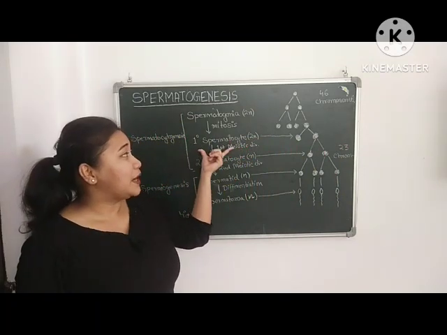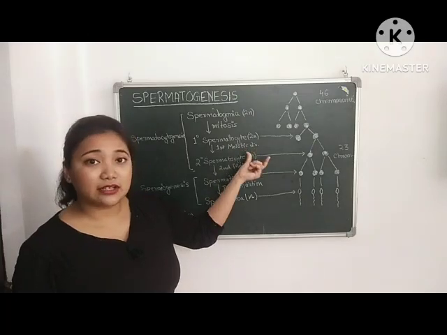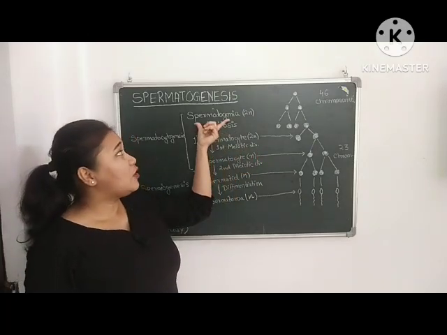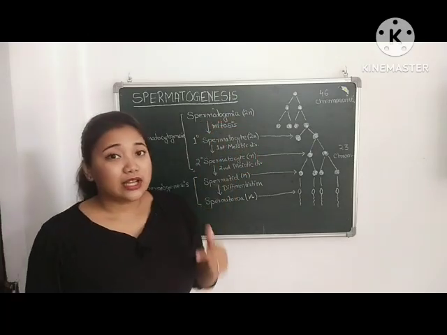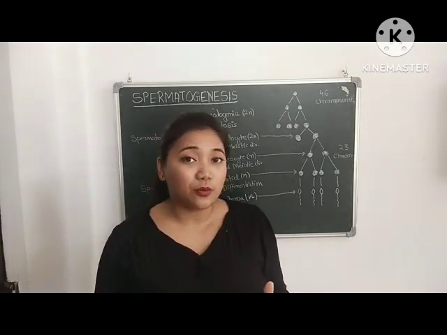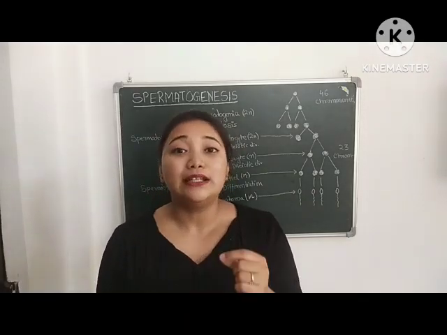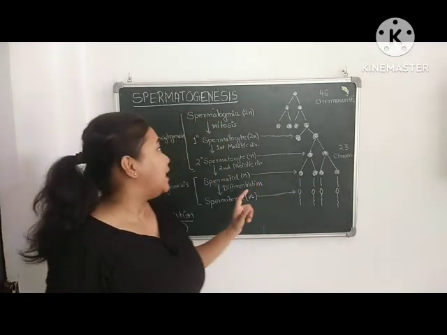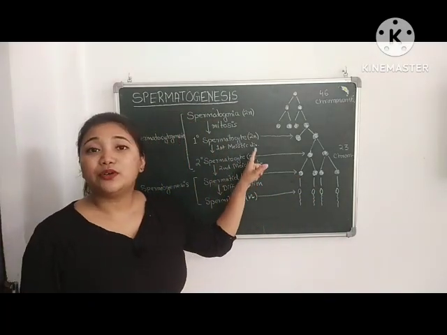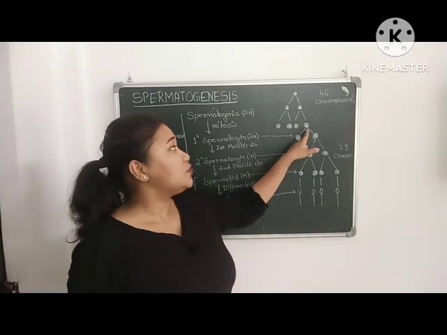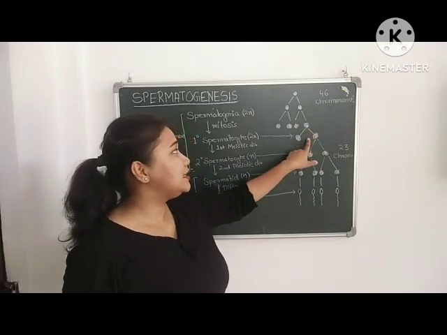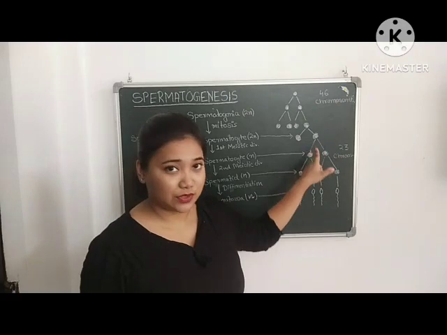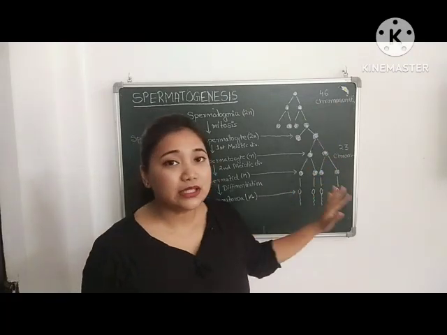So the primary spermatocyte is a result of what? Mitosis of spermatogonia. So that means the number of chromosomes is again going to be diploid. That is, 46 chromosomes are present in primary spermatocyte. Now we are considering this primary spermatocyte and we will see what happens further.